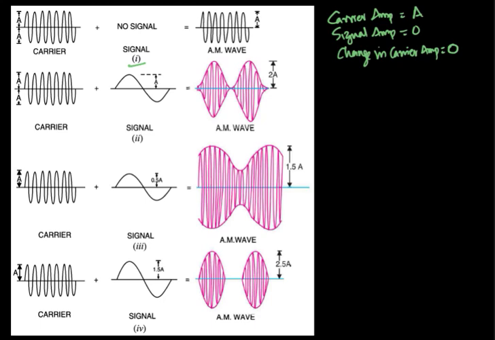Since the signal amplitude is 0 or there is no signal, the modulation factor of the amplitude modulated wave will be equal to 0 by A, which is equal to 0.